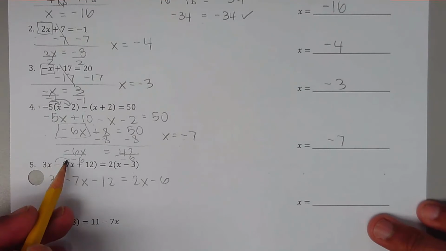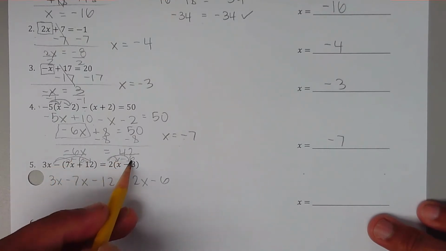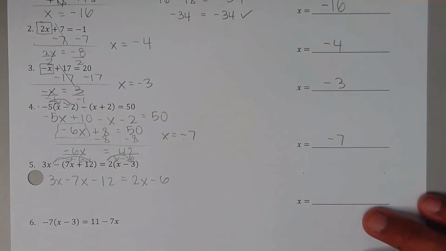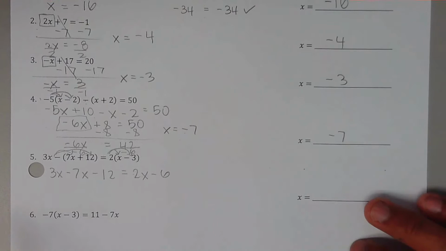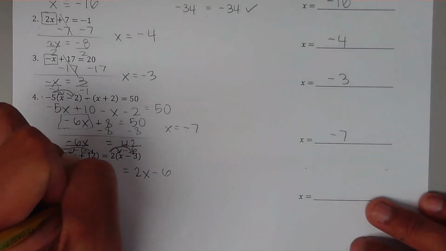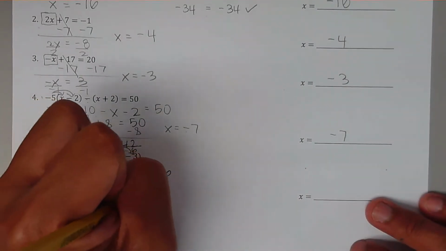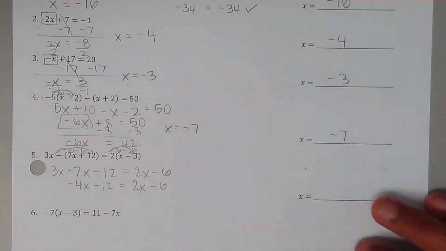We distributed that negative to each of these, and then we distribute this 2 to that x and that negative 3. All right, so on the left-hand side, we can combine like terms. 3x minus 7x, that's negative 4x, minus 12 is equal to 2x minus 6.